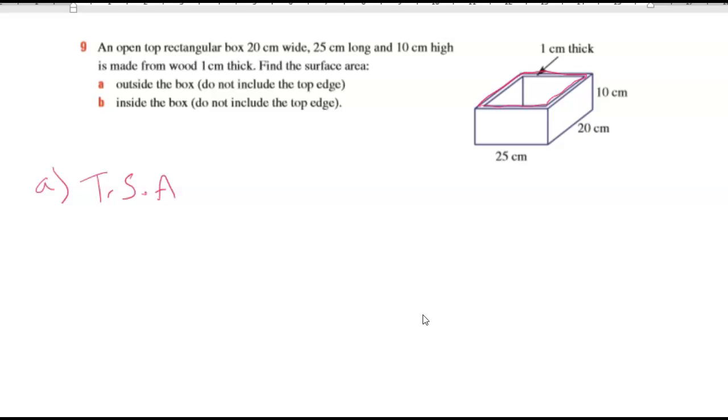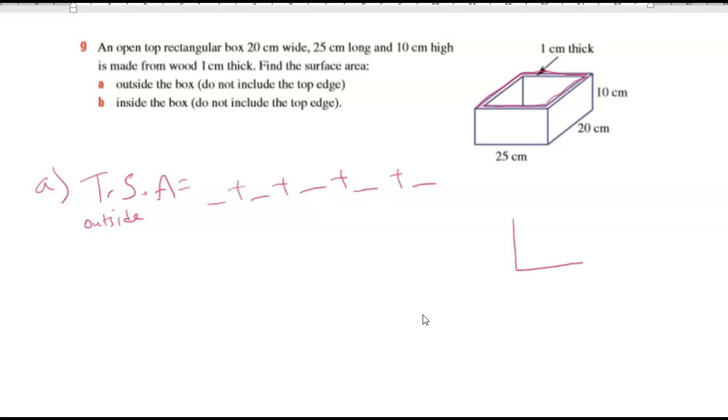All right, so we're doing the total surface area of the outside. How many shapes do we have? We've got 1, 2, 3, 4, and we're going to include the bottom, so 5. And we have different size rectangles.